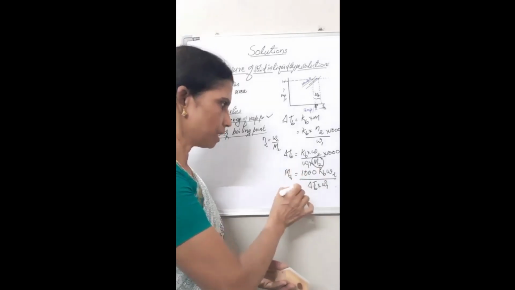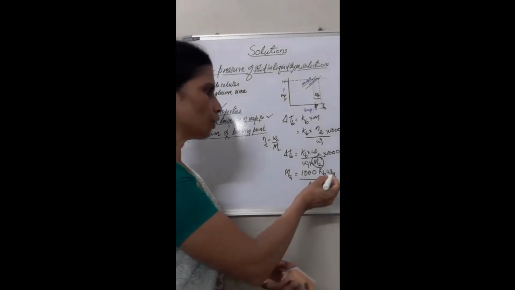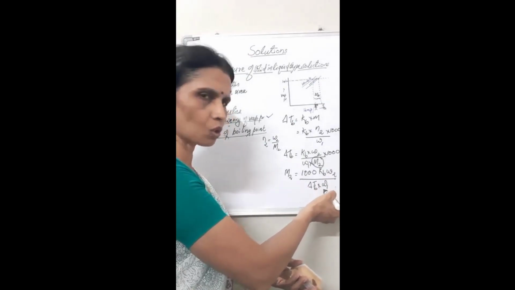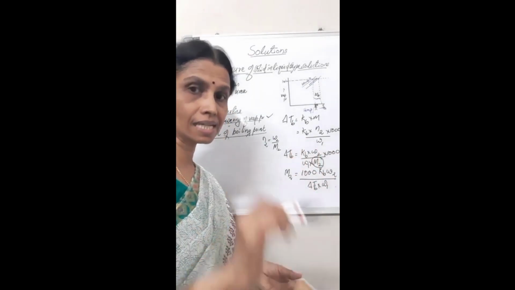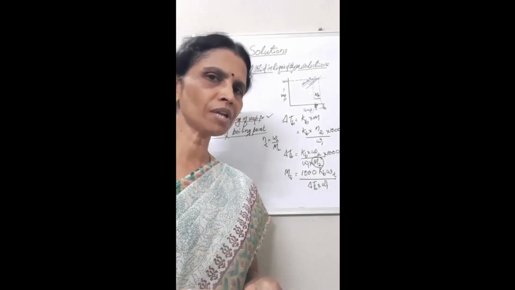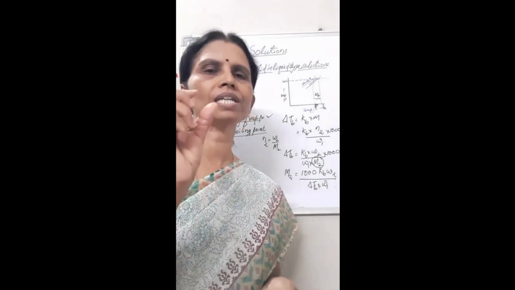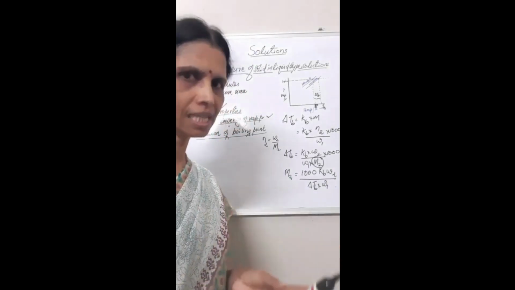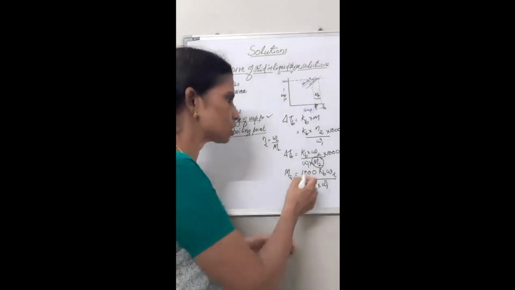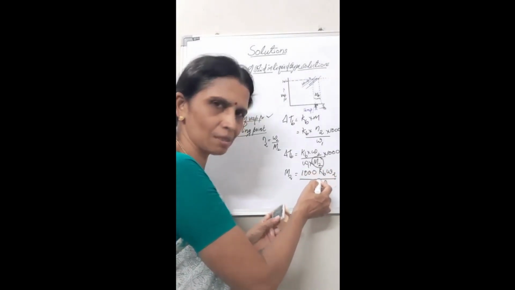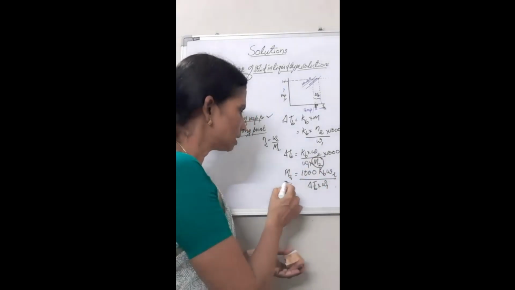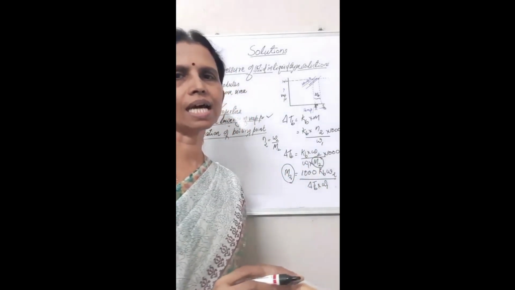This means dissolving a known mass of the solute in a known mass of the solvent, and finding delta TB. Finding delta TB means finding the boiling point of the pure solvent, finding the boiling point of the solution, and finding the difference between the two, we get delta TB. So delta TB can be experimentally found out, and knowing the value of Kb for the given solvent, we can find the molar mass of the non-volatile solute.